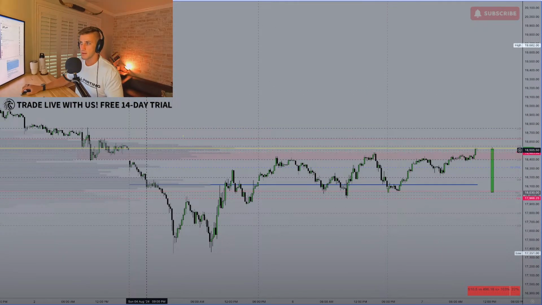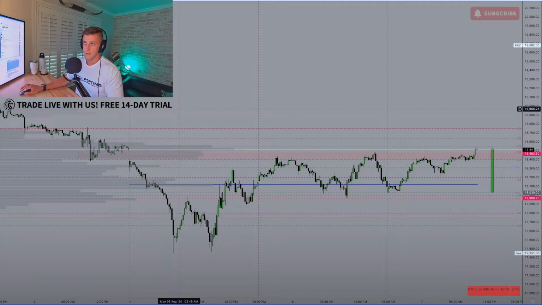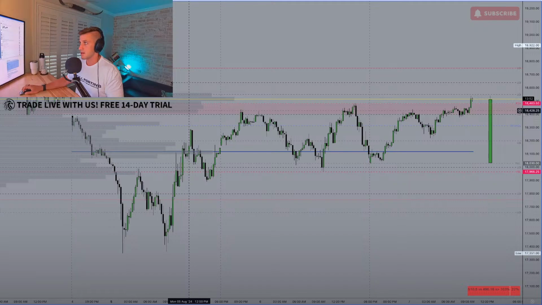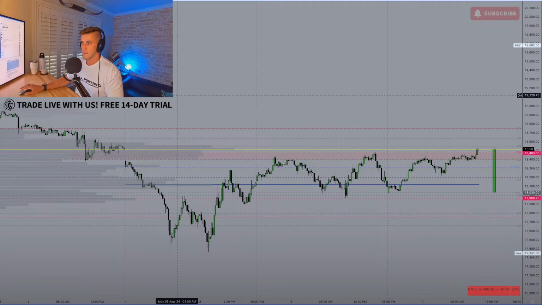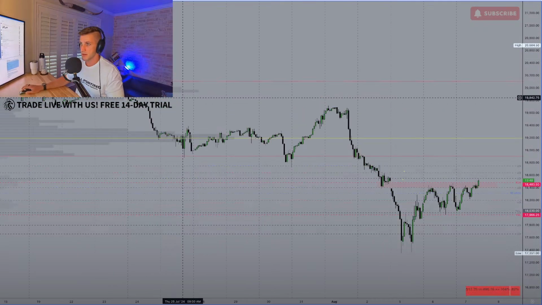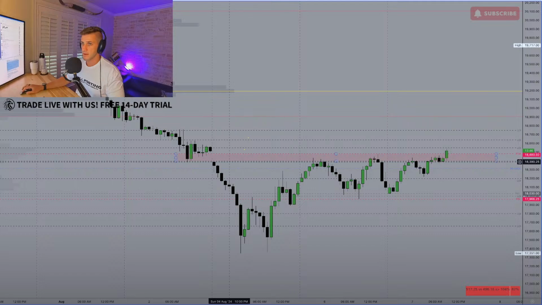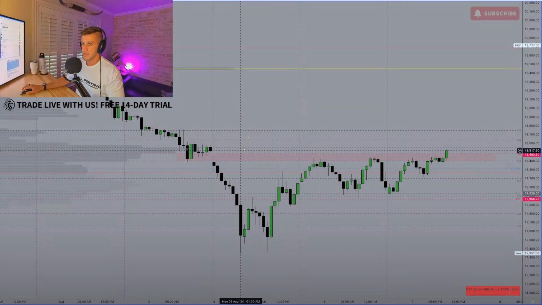The gap, that Sunday gap, has completely filled now. I don't know if you guys can see that or not. 60-minute, here you go. That's a better view. So that gap has completely filled.